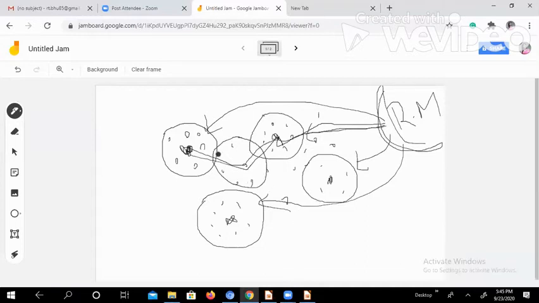Because for this particular place, maybe this is point A. This is A and this is B and this is C. Now, let me draw a fresh one.